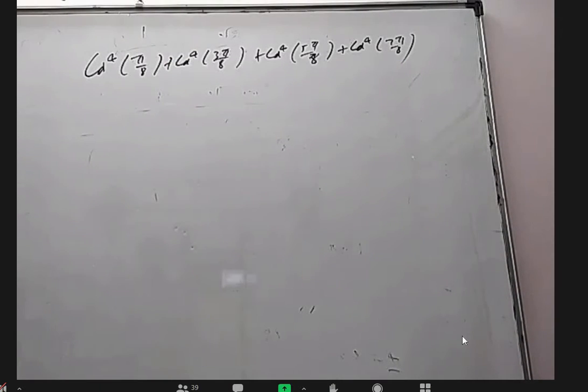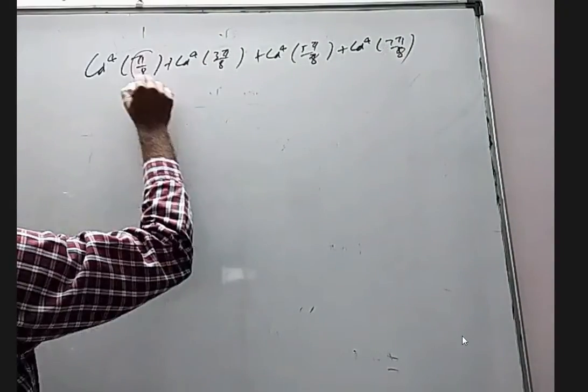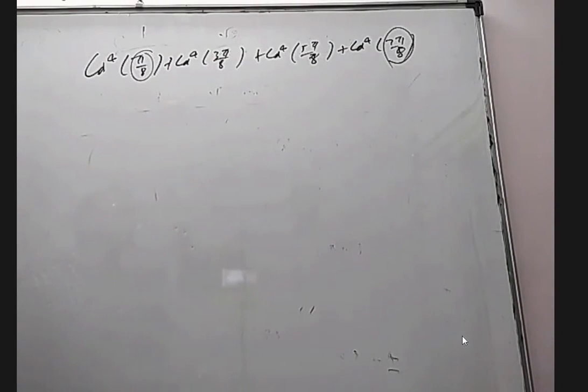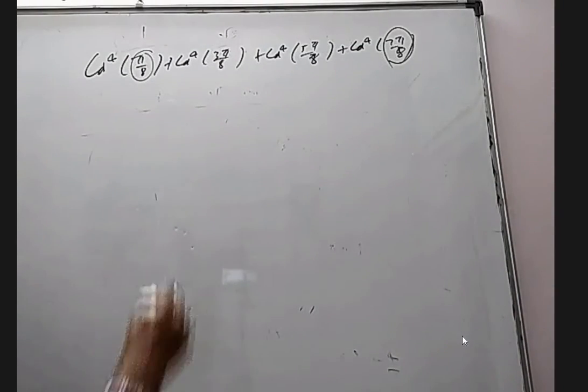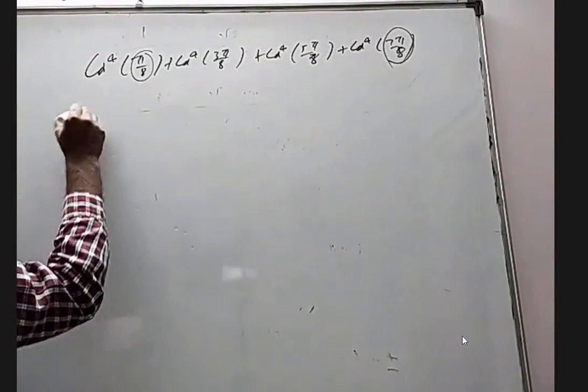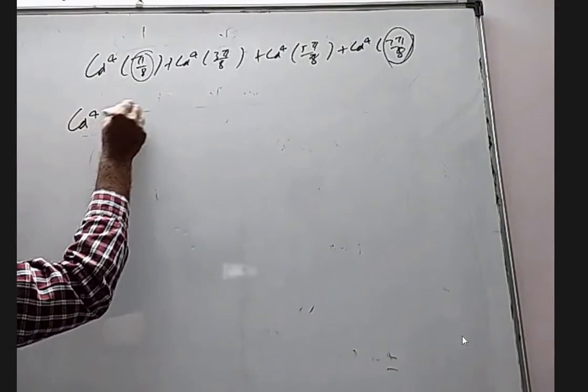Mainly what you have to notice is this angle plus this angle is 8 pi by 8, that is pi. So the sum of the angles is 180. This angle plus this angle is also like that. So I can prove these two are the same, but I'll do it slightly differently.